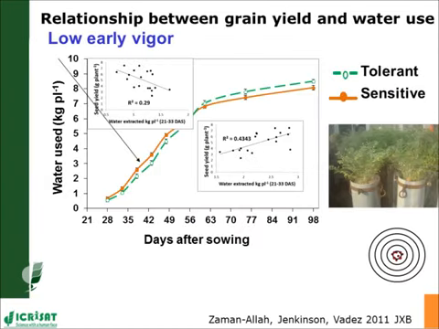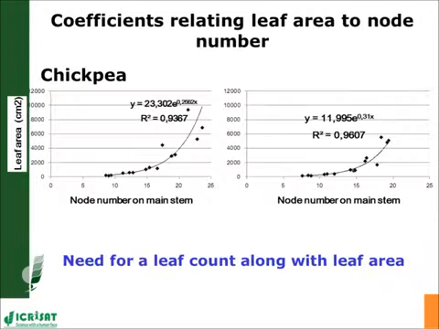If I get back to the example of chickpea that you've seen before, if we want to look at genetic variation for low early vigor, we do that in the field. Again, that's leaf area as a function of node number in the main stem, and we are basically exploring the range of genetic variation for those traits.